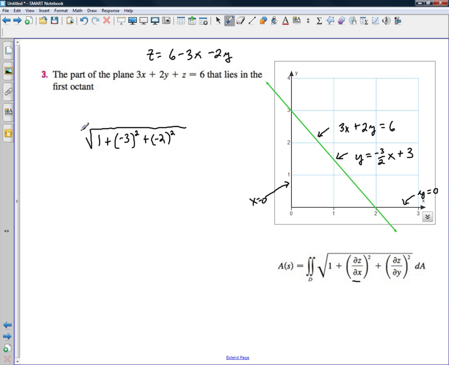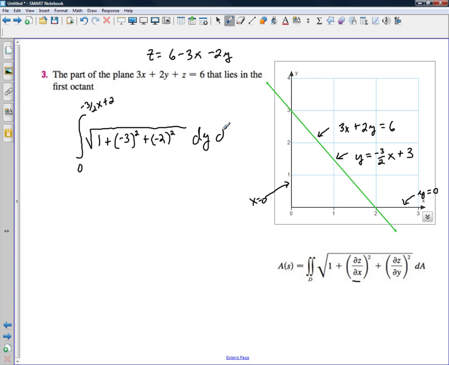And our upper limit will be the negative 3/2 x plus 2. And the lower limit will be 0.